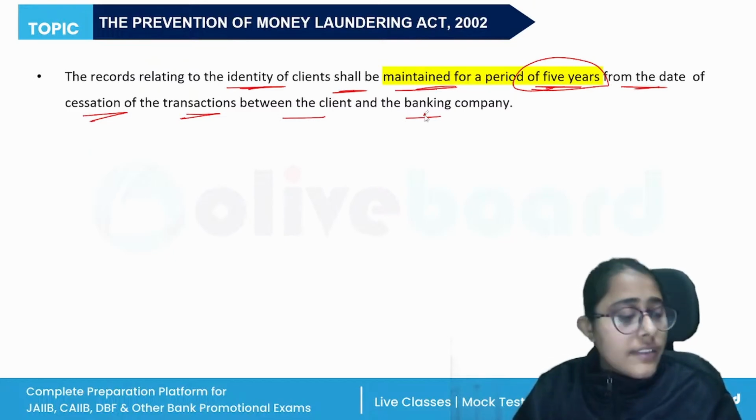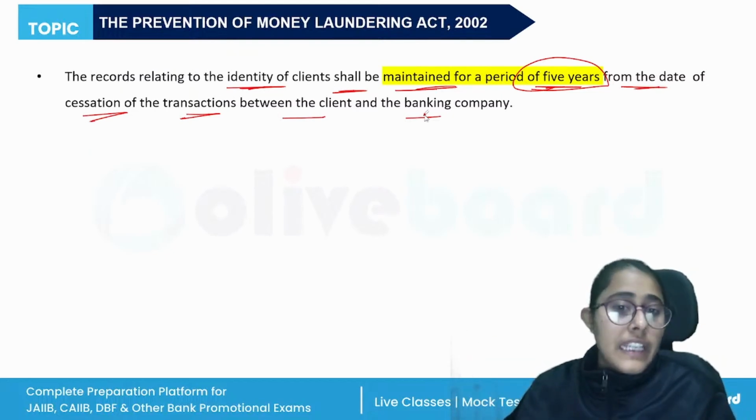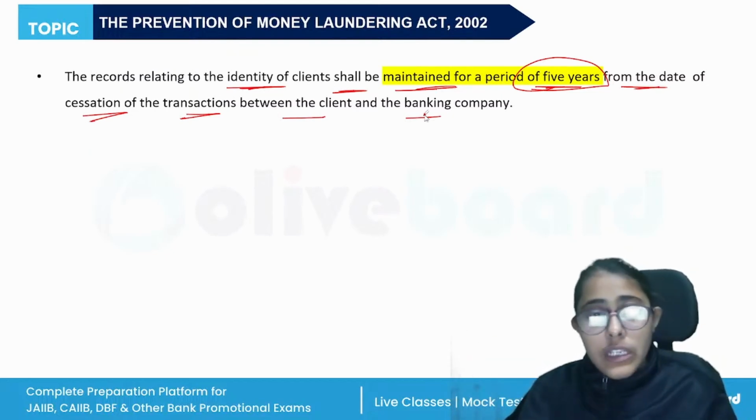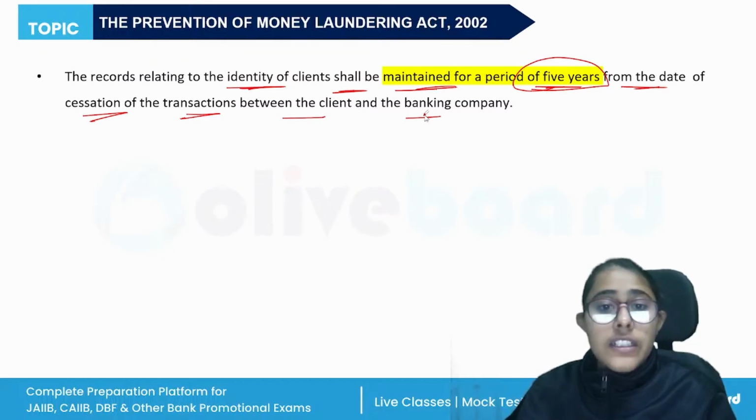Whenever any transaction is taking place, the verification of the identity of the clients will take place. If the client is an individual, then a certified copy of an OVD, the officially valid document, with the details of the person's permanent address, current address, the nature of business, and financial status will be given. If the client is a company, then the certificate of incorporation, the memorandum and articles of association, the board resolution, and the OVD in respect of the person who is opening the account.